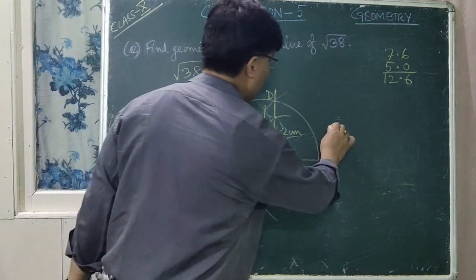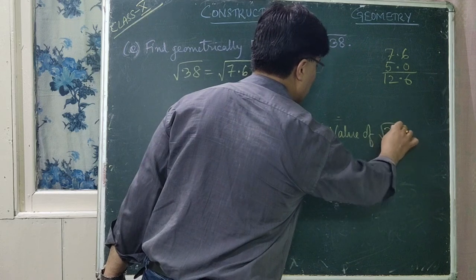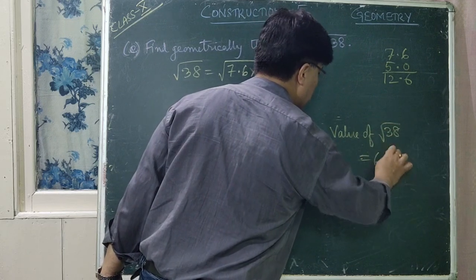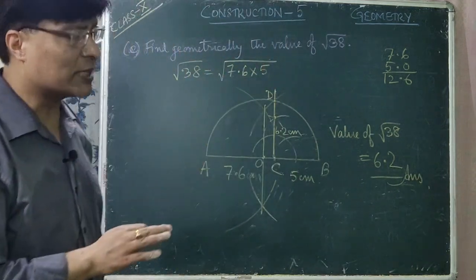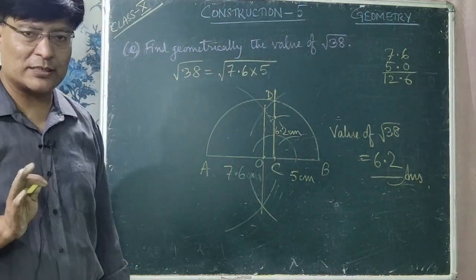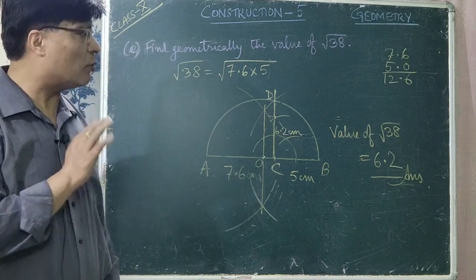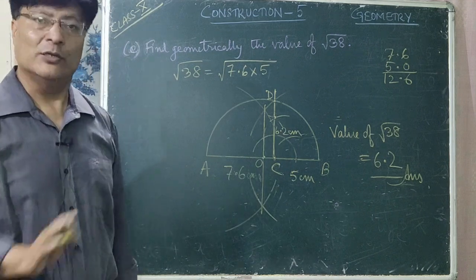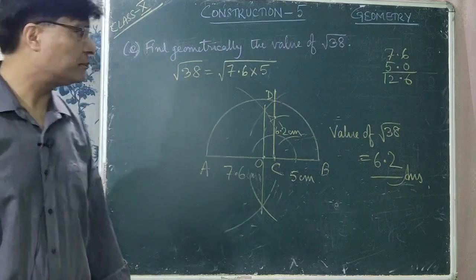So this is the answer. In this case also you cannot write down the unit because we are getting only the value of root over 38. So don't write down the unit out here. Is that clear to all of you?